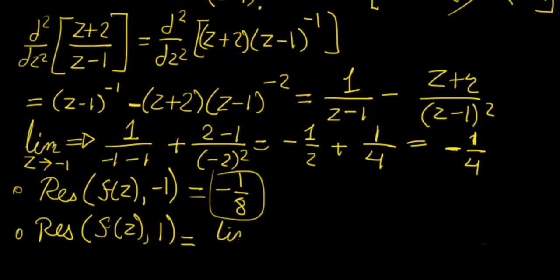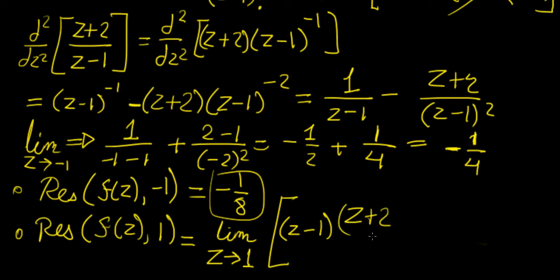So we're going to take the limit as z approaches 1 of the derivative. So it's an order 1 derivative, so that means 1 minus 1 is 0, so the derivative is just going to vanish, and then we're going to get the limit of the following function. It's going to be z minus 1 to the power of 1 times the function, which is z plus 2 over z plus 1 to the power of 3 times z minus 1.